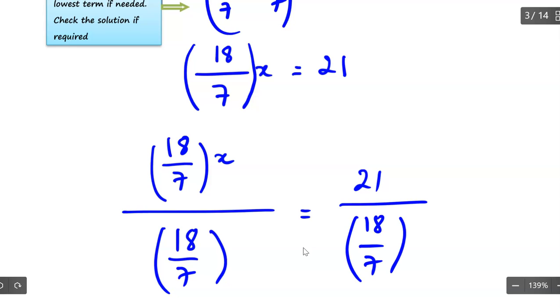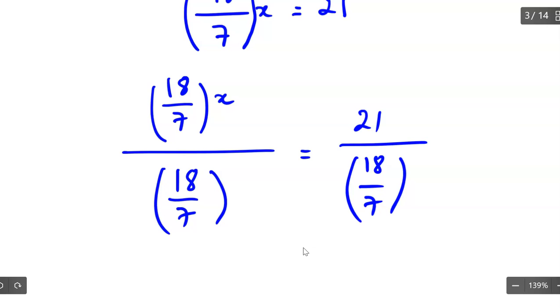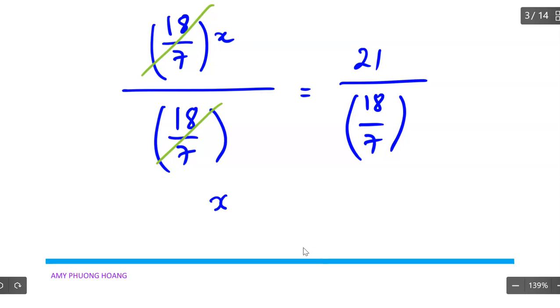The purpose is to get rid of the coefficient in front of x, and I just end up with x equal to 21 divided by 18 over 7. I can go ahead and write it like this, in brackets. Nothing wrong with this.